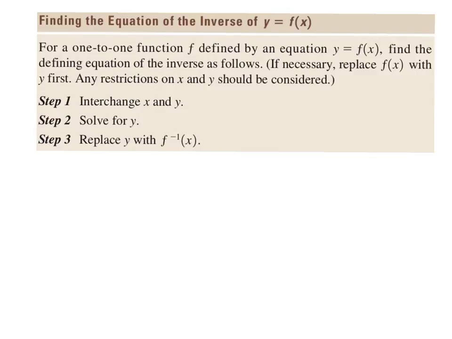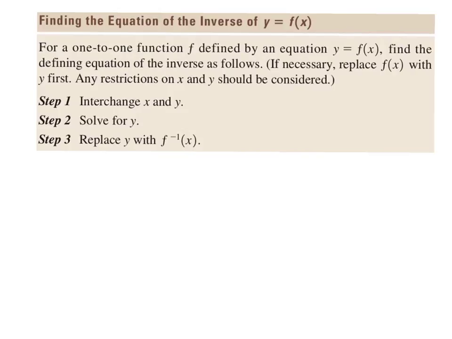Alright, now that we've discussed how to find the inverse of functions when they're listed as ordered pairs, let's go over how to find inverses of functions whenever we're given the equation. Here are the general steps to finding the inverse.